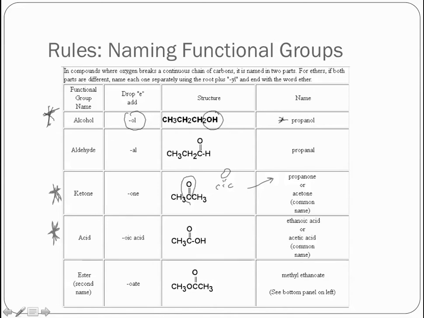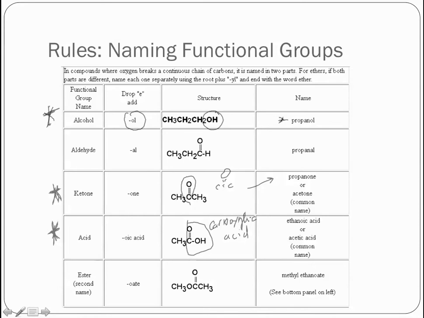The other functional group that you have to recognize is something called a carboxylic acid. Let me write this out. Carboxylic acid. These are organic acids. They look very similar; they're kind of a cross between a ketone and an alcohol. They have an OH group and a double bonded O bonded to the same carbon.